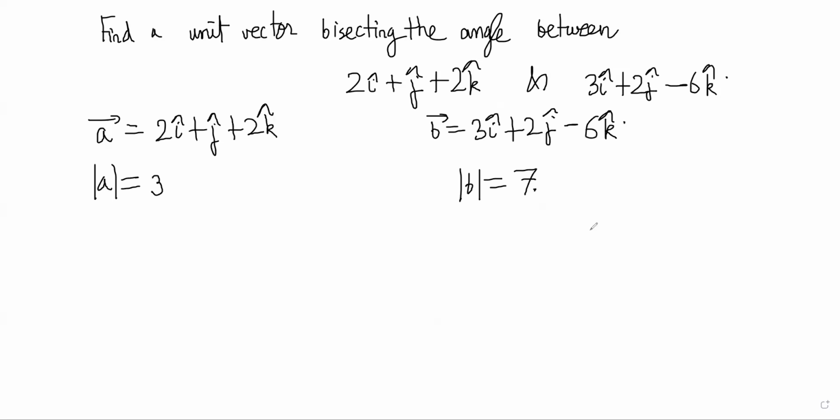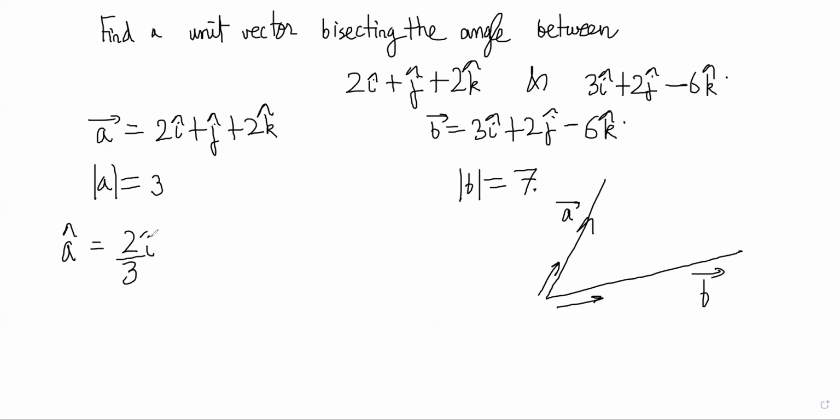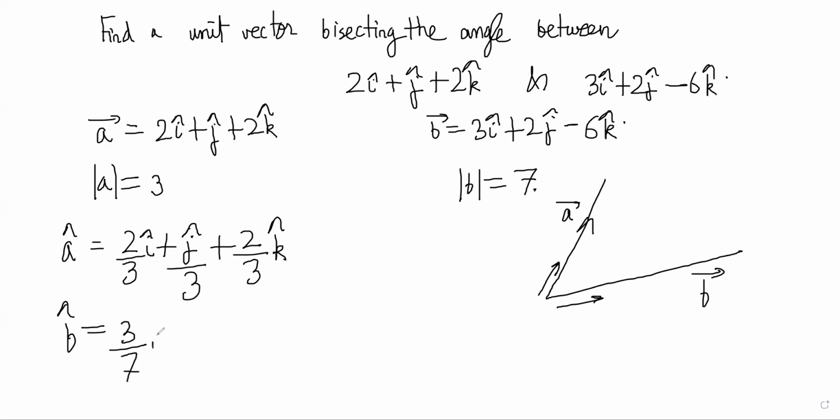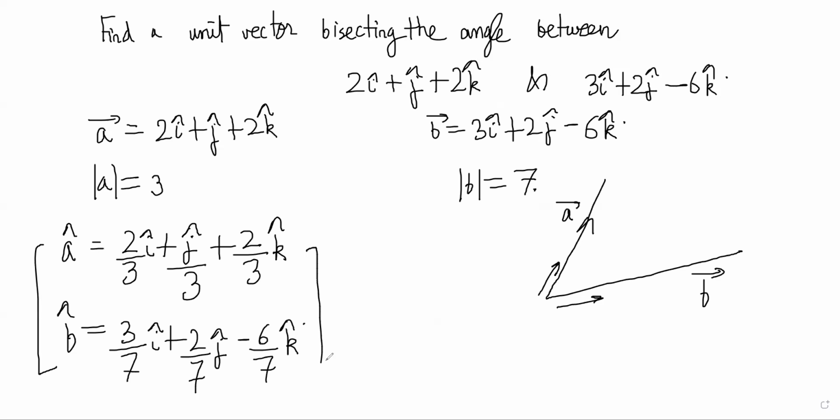So the unit vectors in the direction of the two vectors, a vector and b vector, are: a unit vector is 2 by 3 i plus j by 3 plus 2 by 3 k, and b unit vector is 3 by 7 i plus 2 by 7 j minus 6 by 7 k. These are the unit vectors in these directions, right?